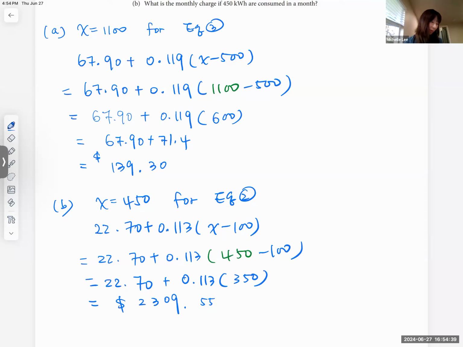Okay. Sorry about that. I copied wrong, because 22.70, I made it 2,270. So let me do here 22.70, 28.35, right? So sorry about that. 28.35.